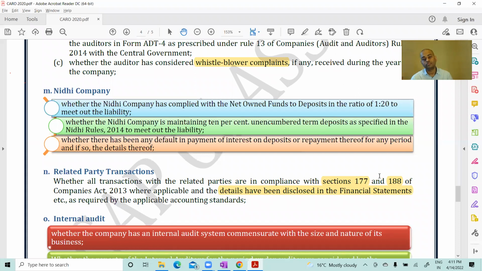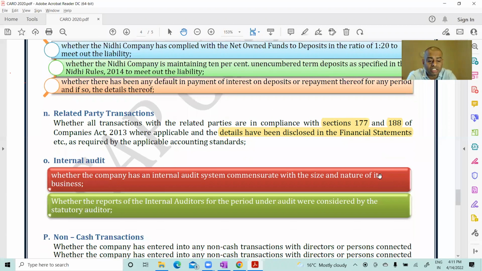You tell me. AS 18 includes how many types of relations? 10, 15, 6, 5. How many? 5. Correct. Excellent. Very good. Everybody is saying. Okay, so this is related party transactions.